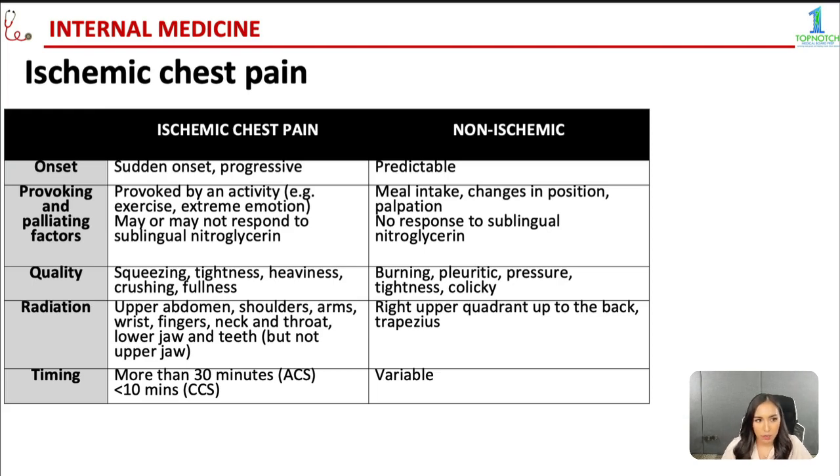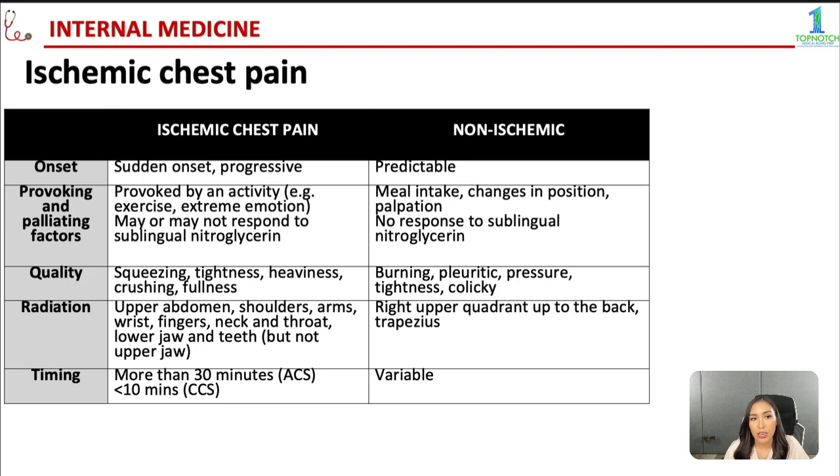It's usually described as squeezing, tightness, and heaviness. Parang may elepanteng nakaupo sa dibdib mo. It radiates to the upper abdomen, shoulders, arms, wrists, fingers, neck, and throat, but not the upper jaw. And it usually lasts more than 10 minutes. If 30 minutes na, probably ACS yan.